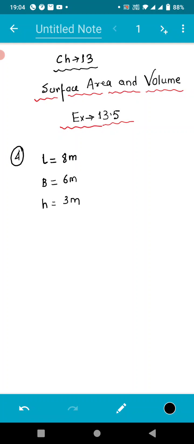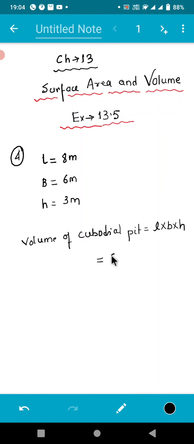Okay, now we need to first find out the volume of a cuboidal pit, then only we can find out the cost of digging. So the first thing we will find out is volume of cuboidal pit. And this would be equals to volume of cuboid only, that is length into breadth into height.